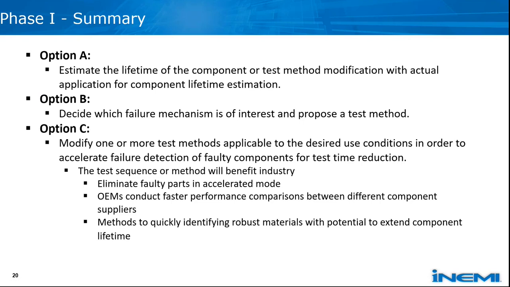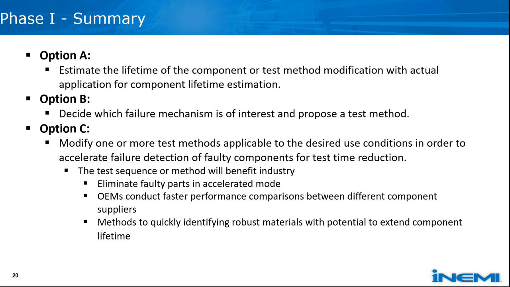So in summary of phase one, we have looked at this, and certainly in option A, we want to be able to come out with an estimate for the lifetime of components. What is the degradation that occurs most rapidly?